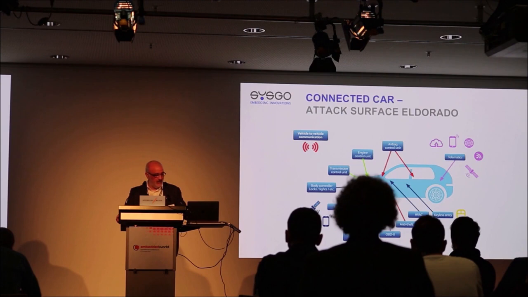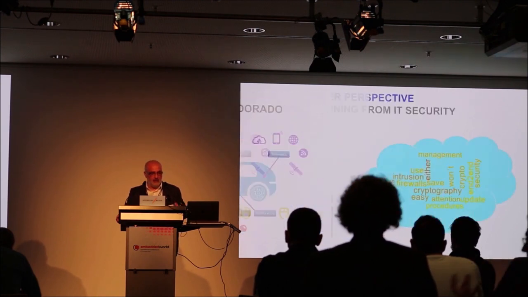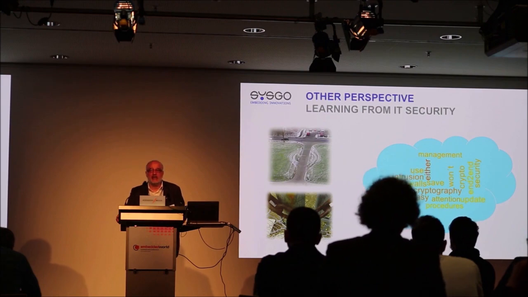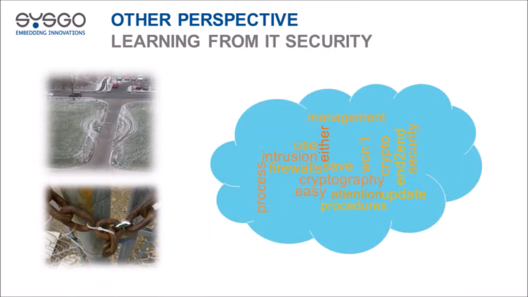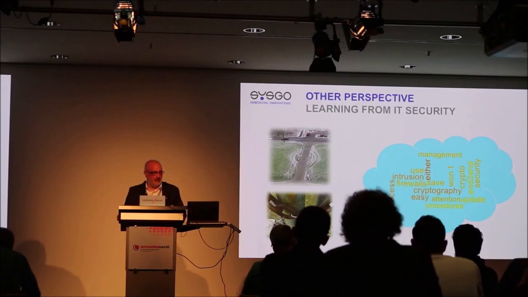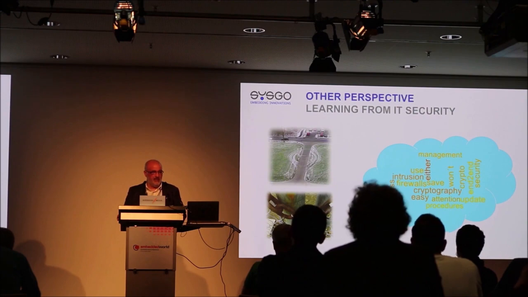Now, there is one specific domain where people have been looking at security for a long time now. That's IT. To prevent what you see in these left pictures, they use a number of techniques or technologies which enable you to minimize the risk.